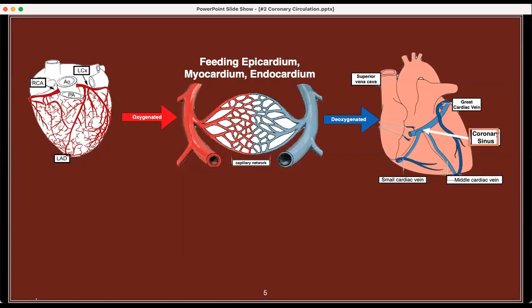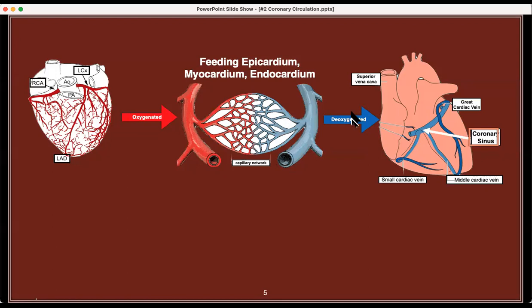So as this oxygenated blood flows into the coronary arteries, it starts feeding the myocardium at this place, at the capillary network. So the arteries and the veins are conduits. They're carrying the blood, but the actual oxygenation and exchange of gases happens here at the capillary bed.